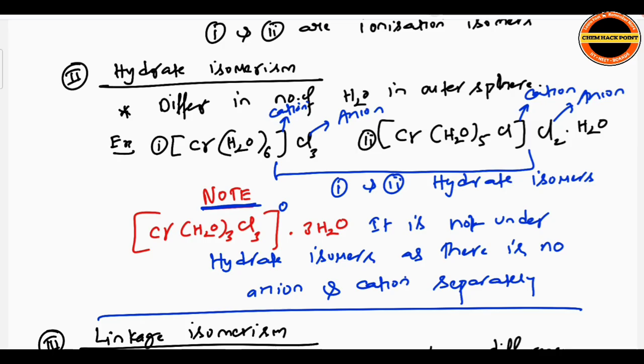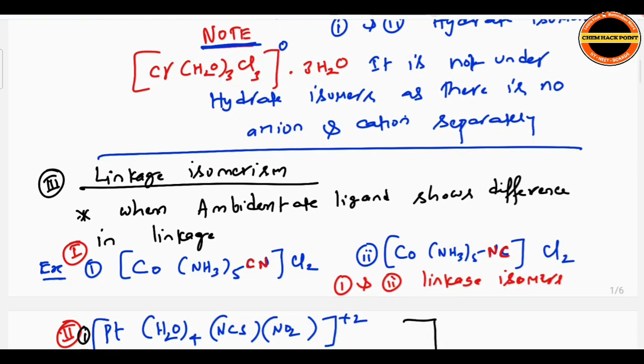Okay. Next, close the note. Third type, linkage isomerism. Linkage isomerism occurs when an ambidentate ligand shows a difference in linkage. We know an ambidentate ligand is a ligand which can form a bond through different donor atoms, like cyanide and isocyanide. See the example here. Here there is cyanide, where the donor atom is carbon.